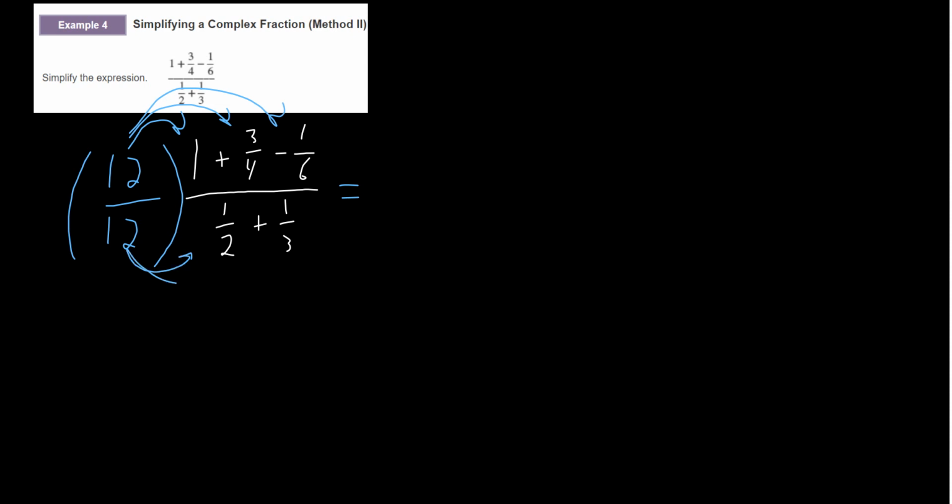Okay, so let's start. 12 times 1 is 12. Okay, plus. So you could do this one of a couple ways. Let's focus strictly on this: 12 times 3/4. You could think of it like this.